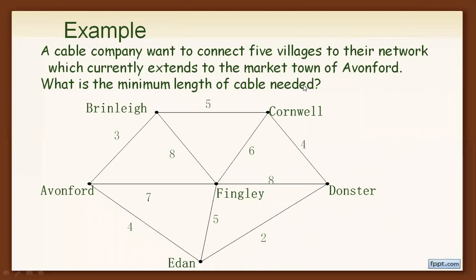This is the question. So there are 6 different villages, namely A, B, C, D, E, F, and each village is connected with a pair distance. The distance between village A and village B is 3 kilometers. The distance between village B and village C is 5 kilometers.